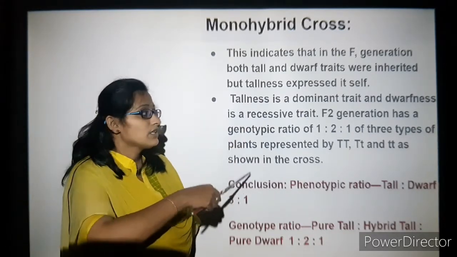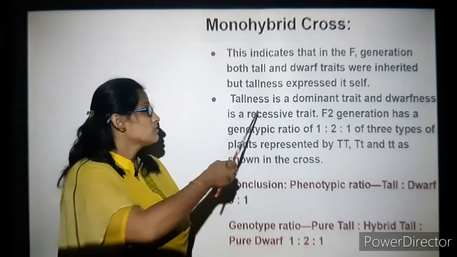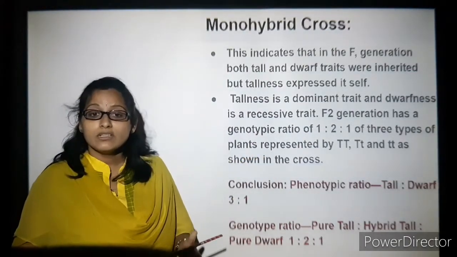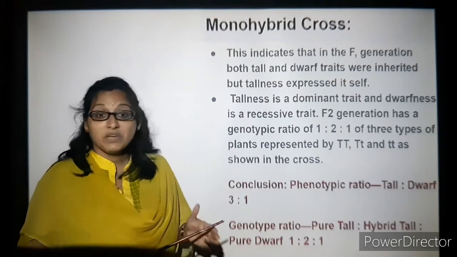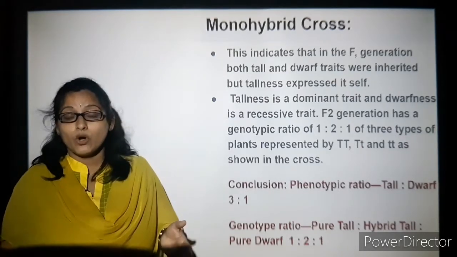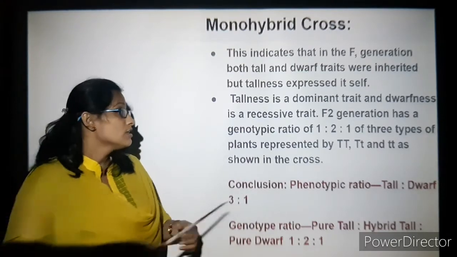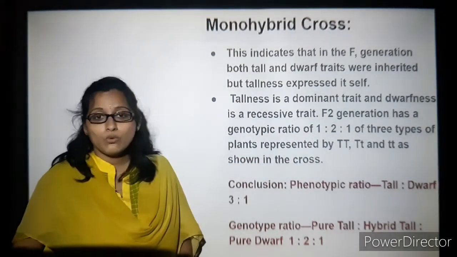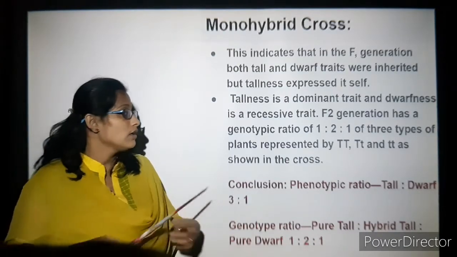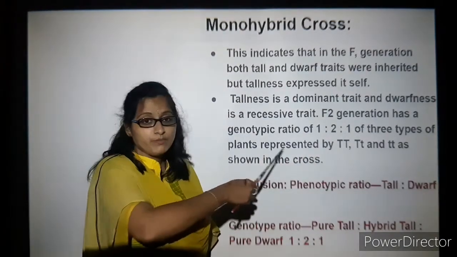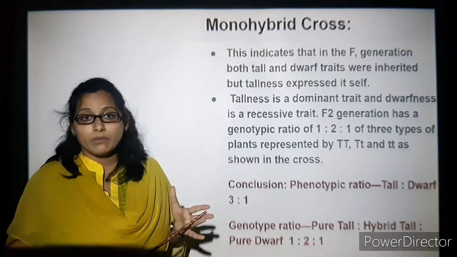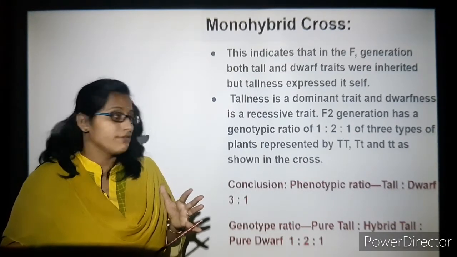So with this experiment, what did we find next? That tallness is the dominant trait and dwarf is recessive. So it's remaining silent. It can even become dominant in the next generations. So the F2 generation has 3 types of plants present. One is tall, the other 2 are hybrid, the other one is dwarf.